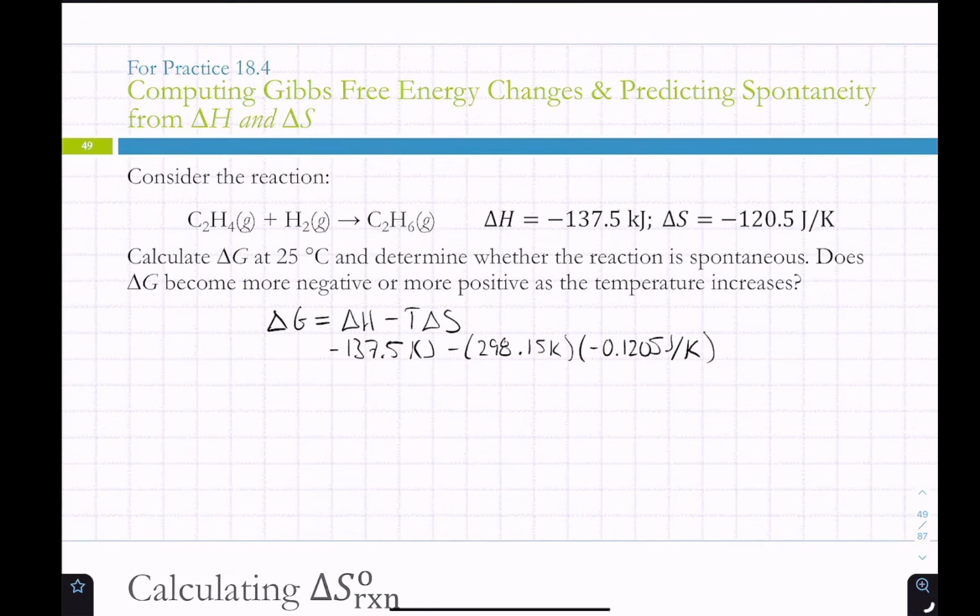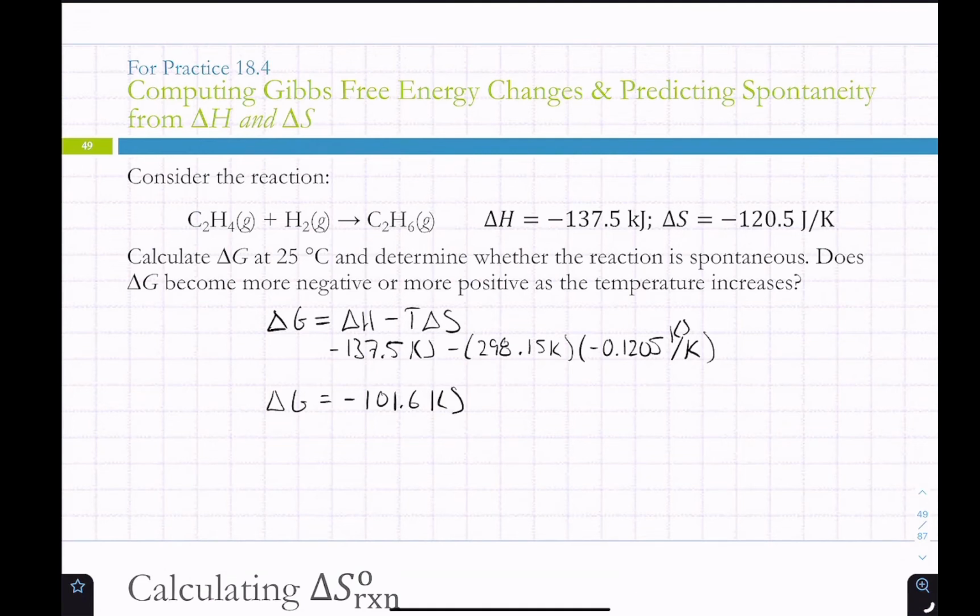So make this in kilojoules. So negative 137.5 minus 298.15 times a negative 0.1205. So delta G is a negative 101.6 kilojoules.